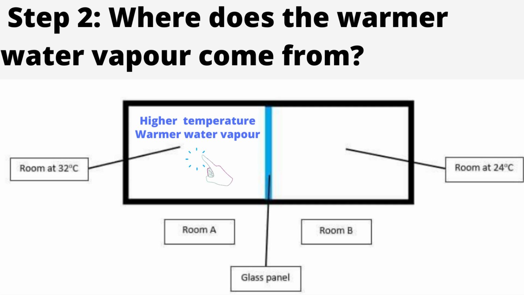Where does the warmer water vapor come from? Obviously room A is warmer, it has a higher temperature, so it is quite clear that the warmer water vapor must come from room A and not B. That's the first fact that we need to establish.